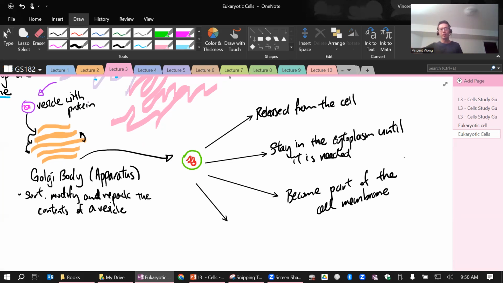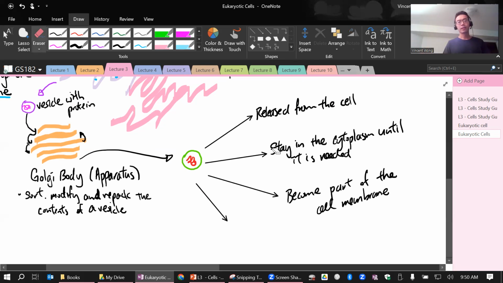We know it has a little bit of cholesterol, but it turns out it also has a bit of protein as well. And one last possibility, it can also become something else called a lysosome, which I will explain in a bit.